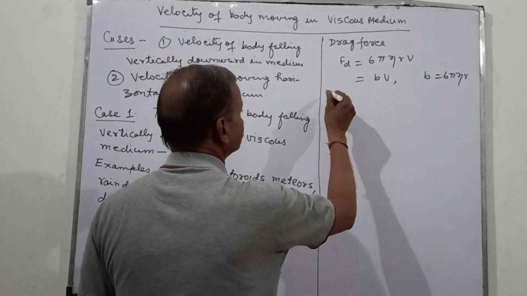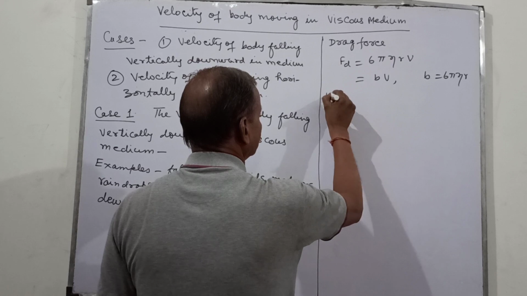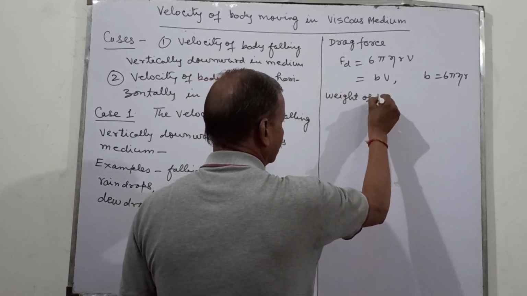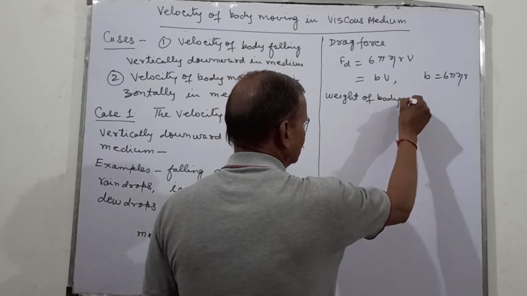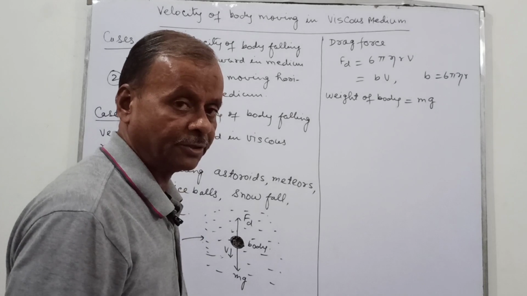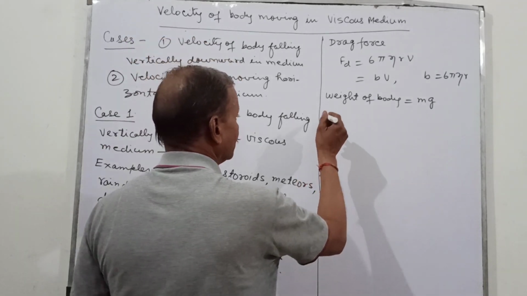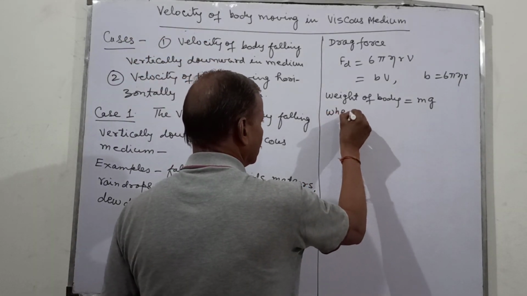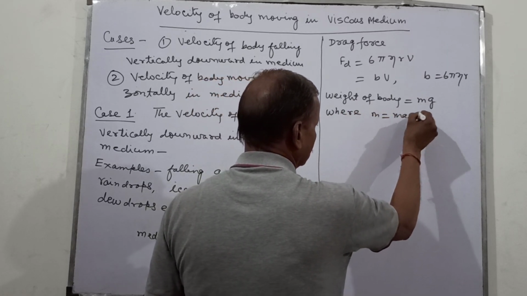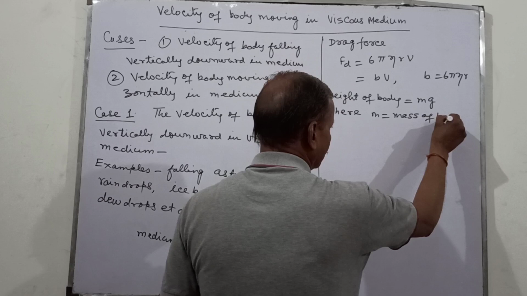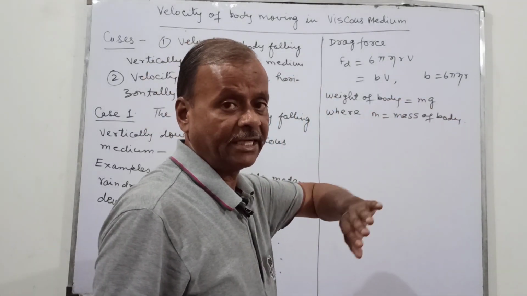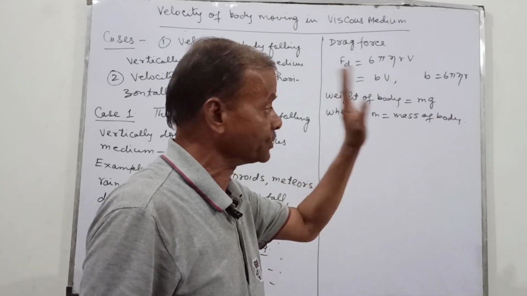Now weight of body is equal to mg, where m is the mass of the body. Here the different terms have their usual meaning, as I have told you earlier also so many times.